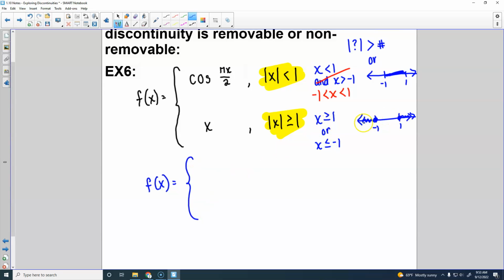The lowest section that we're looking at here are the numbers less than or equal to -1. The function we use for that is x, so x when x is less than or equal to -1. This middle function, cosine of pi x over 2, is from -1 less than x less than 1.